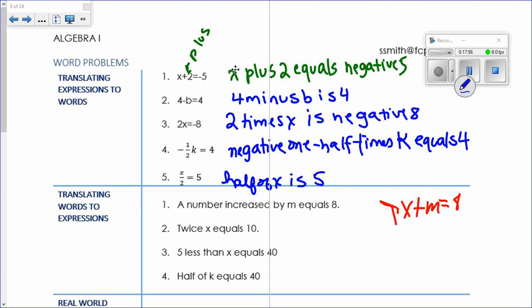All right. What does that say? Okay, 2 times x equals 10, guys. Come on, bud. Jennifer, come on. Number 4.